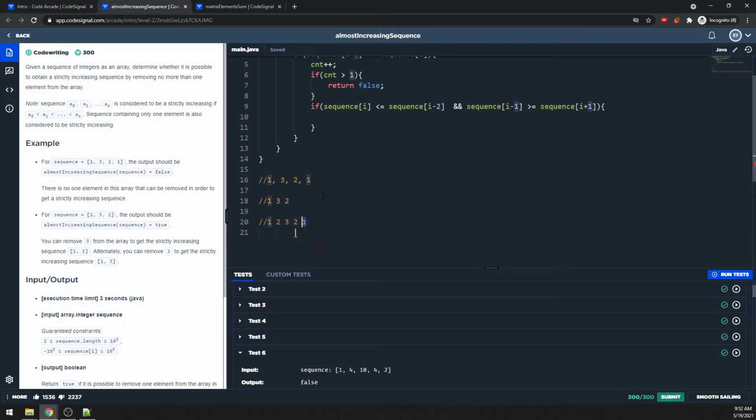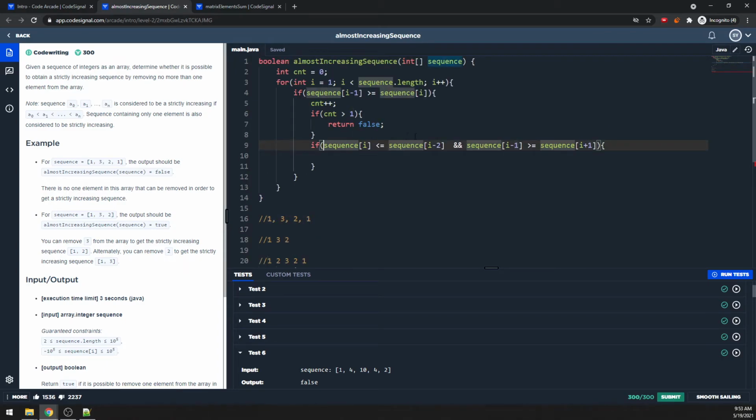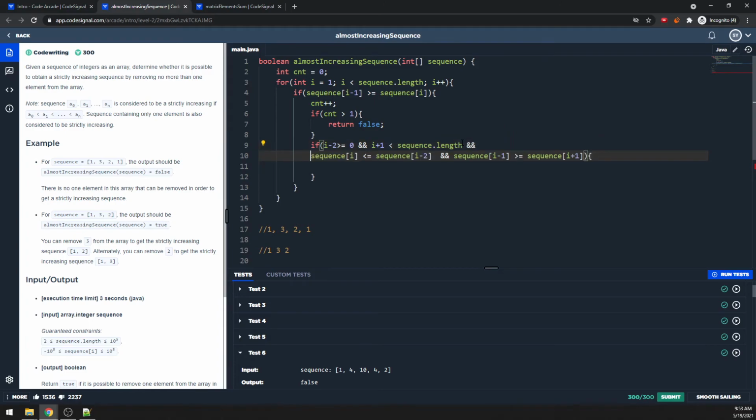We don't need to care about the last index, and we also need to care about the constraint I minus 2 greater or equal to 0 and I plus 1 less than sequence dot length. So in this case you return false, and overall you return true.